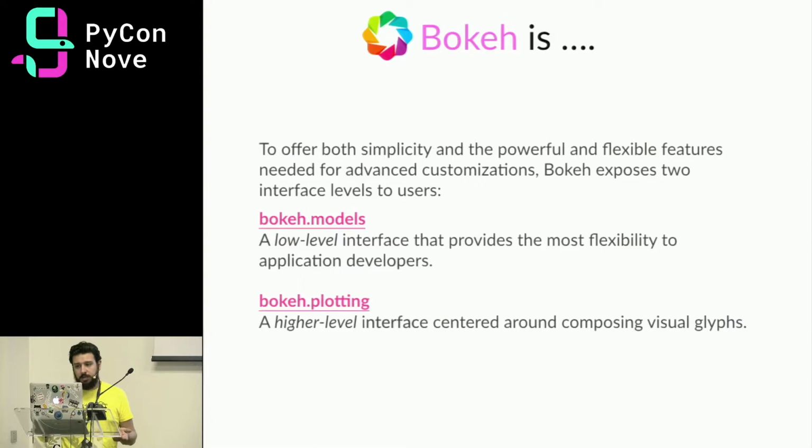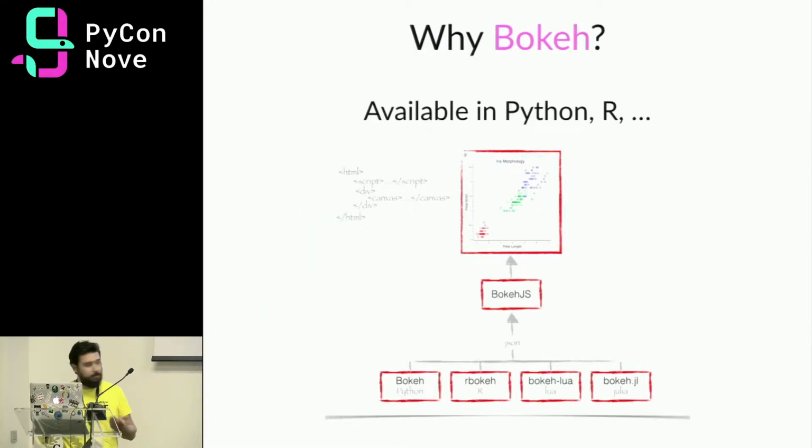Why I choose Bokeh for my job is, naturally, because it's in Python, but there is a full coverage interface in R, and there are some porting libraries in Lua and Julia that produce serializable objects that can then be sent to the browsers.